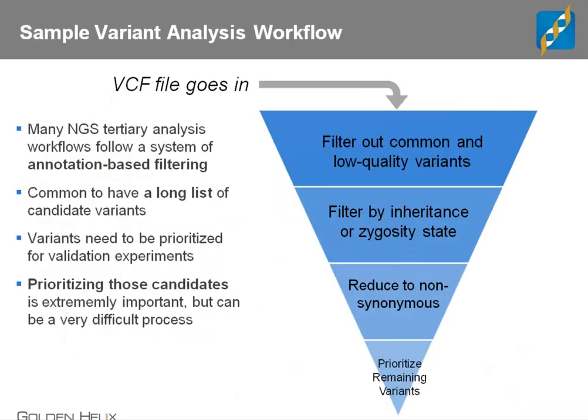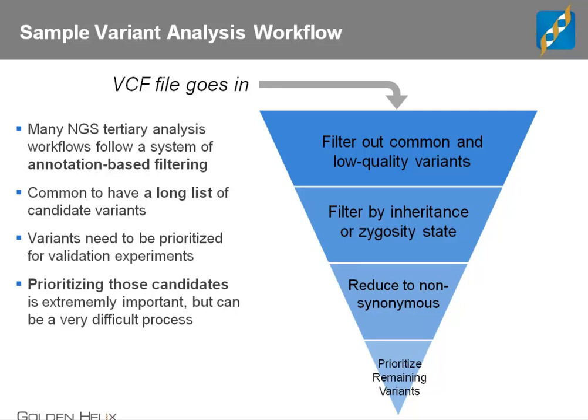And when you look at how sequence analysis is typically done in our field, there are several different workflows, but one of the really common workflows is based on annotation and filtering of variants to identify a set of plausible candidate variants that may be related to a particular disease or other phenotype.